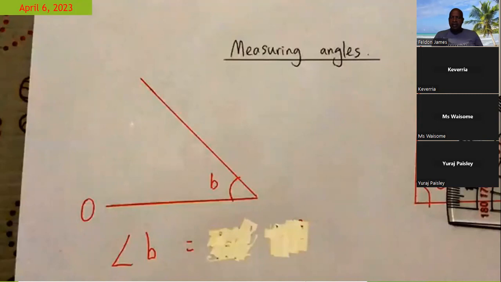You have to come better than that. Miss Clark, what's an angle? Sir, an angle is the degree of opening between 2 lines drawn at a point. All right, correct. Miss Waysom, that's the correct definition for an angle.